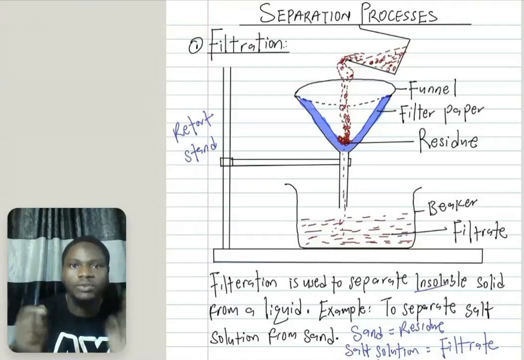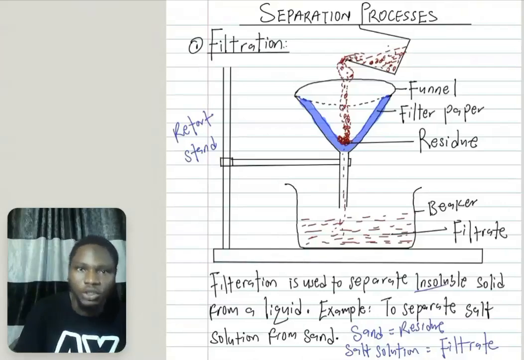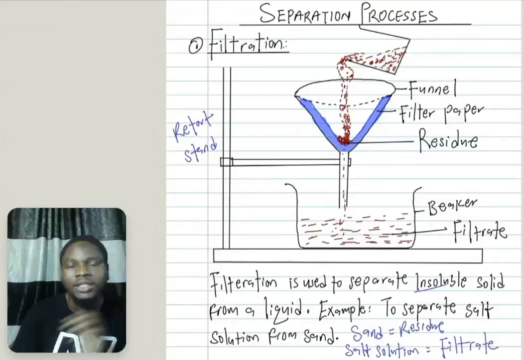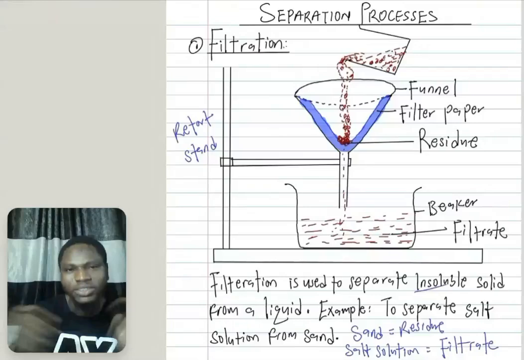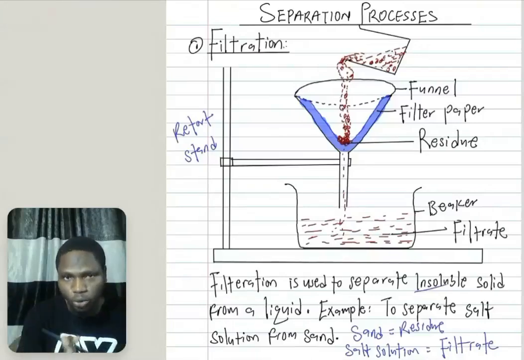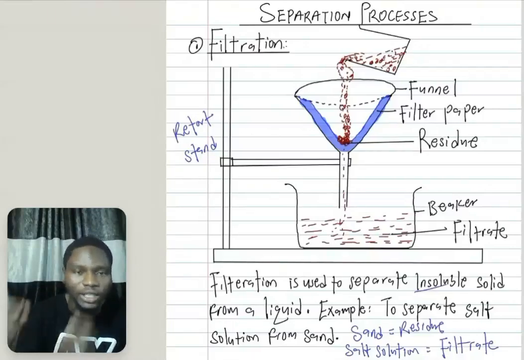I'll set up this apparatus and put my filter paper here. Now, I'll stir the mixture and pour it inside this funnel. And what happens? Pay attention: salt solution and sand are two components. The salt solution is the soluble component, and the sand is the insoluble component. Like I said, sand cannot dissolve in water.